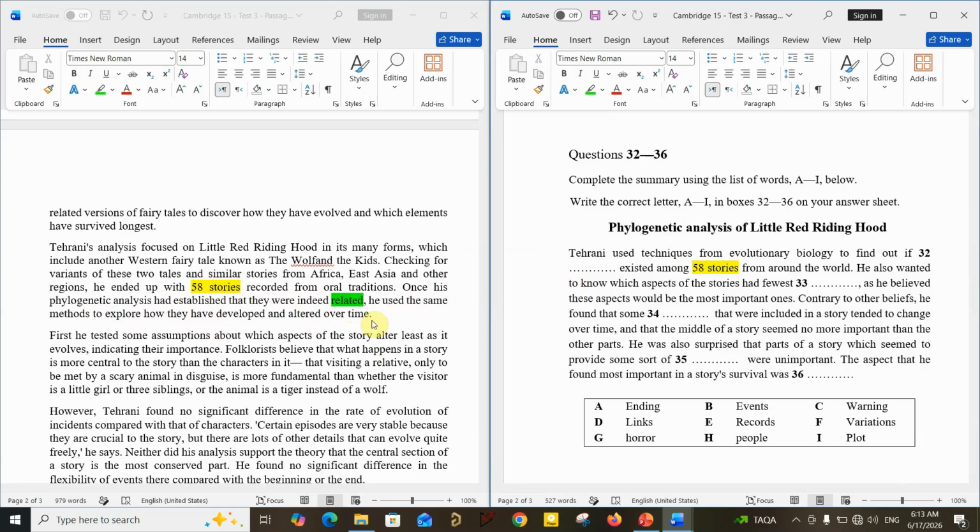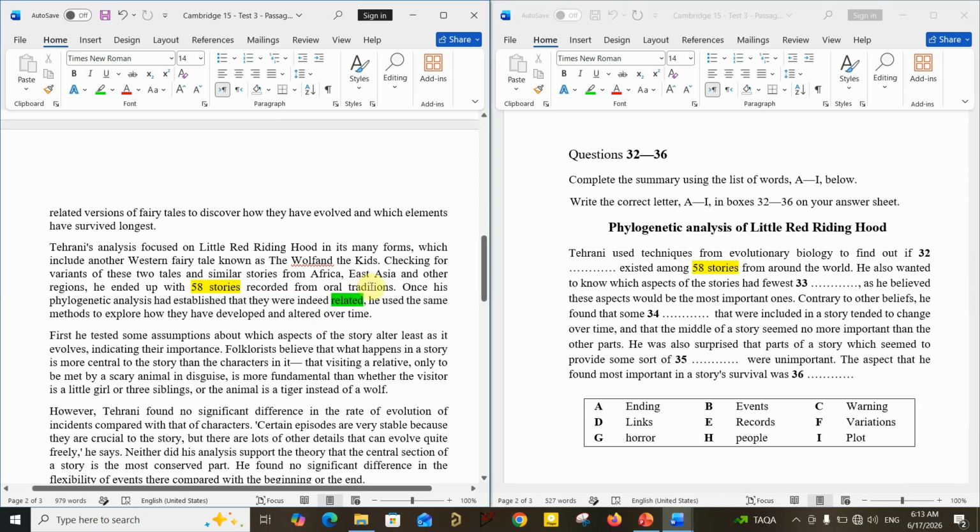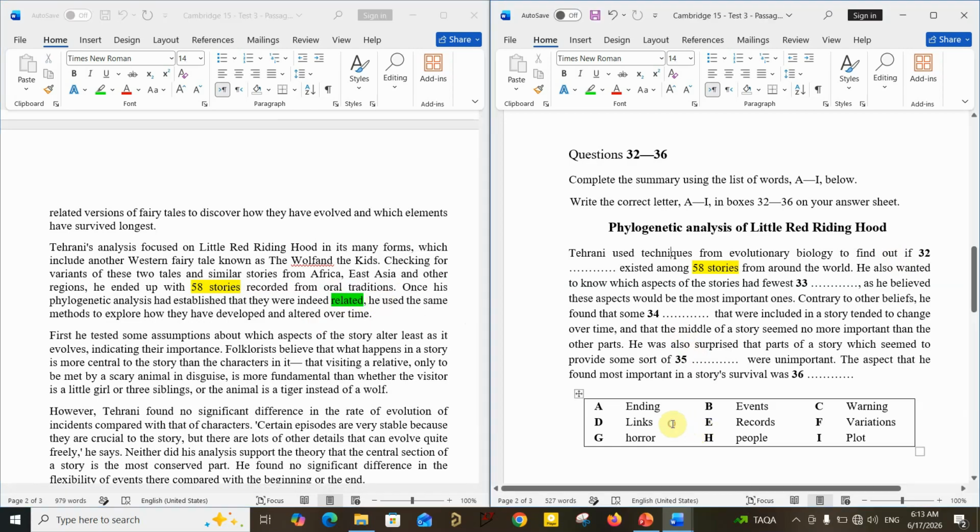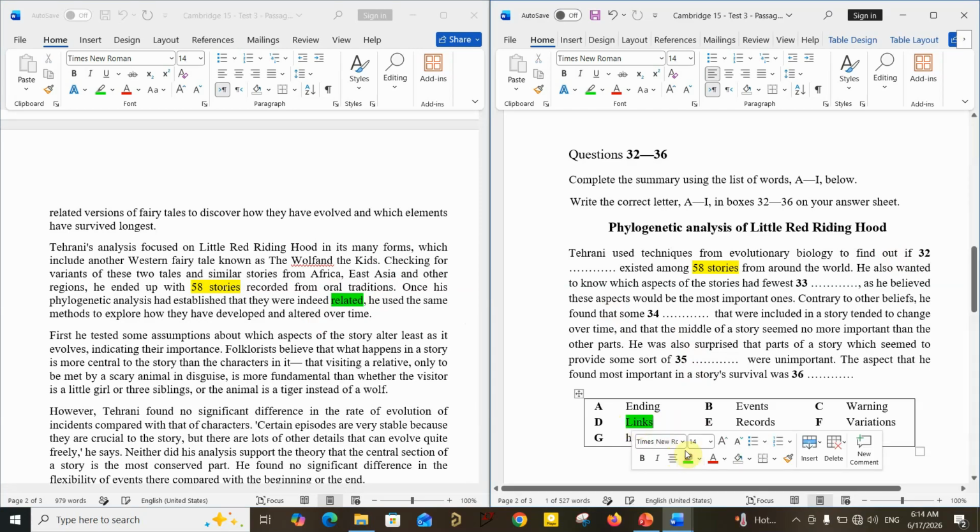So find out if some kind of a relationship, they were indeed related. So related, you can find here, what is the right answer? Of course this is the right answer, links. Links means related, but you can write links in here.